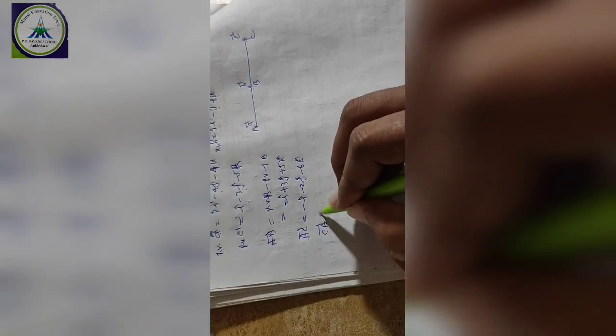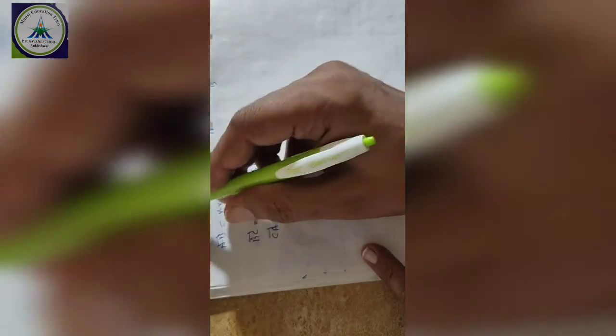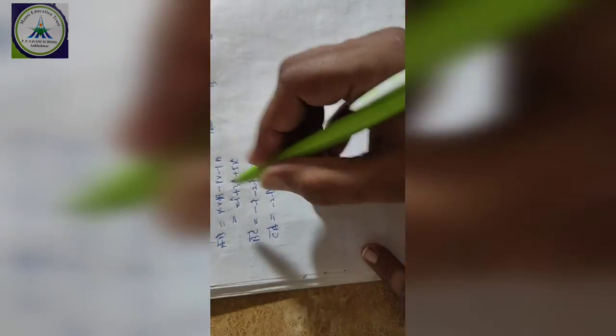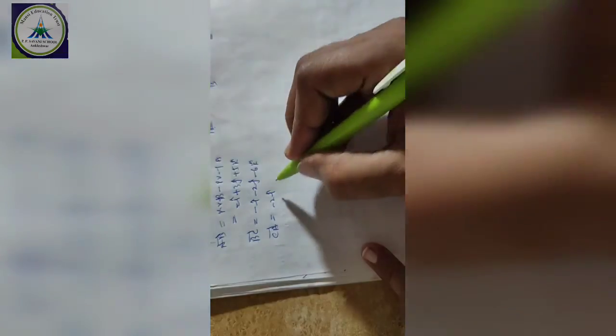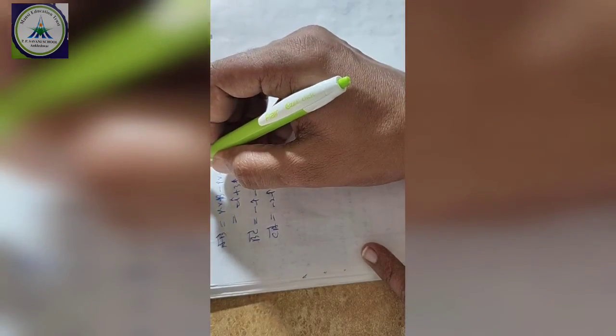And find vector CA: 3 minus 1 gives 2i, minus 4j plus 3j gives minus j, minus 4k plus 5k gives plus k.